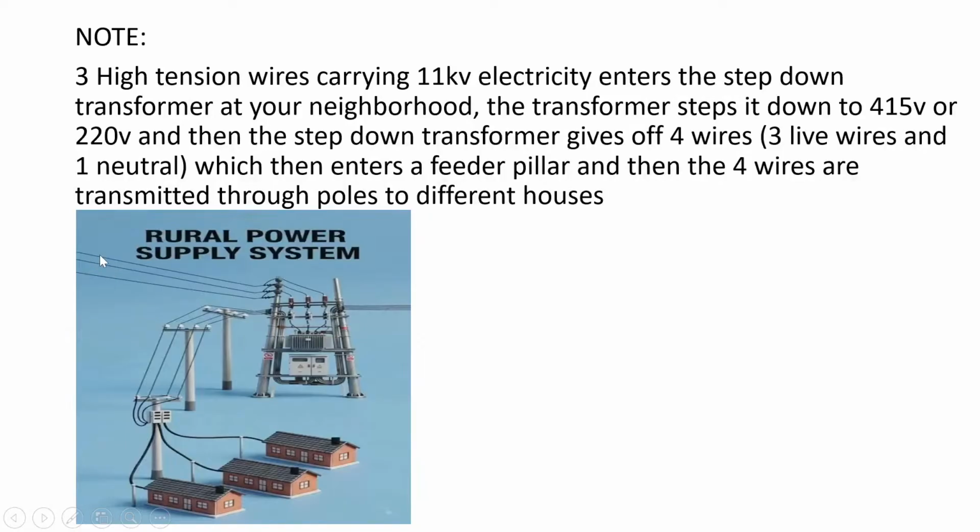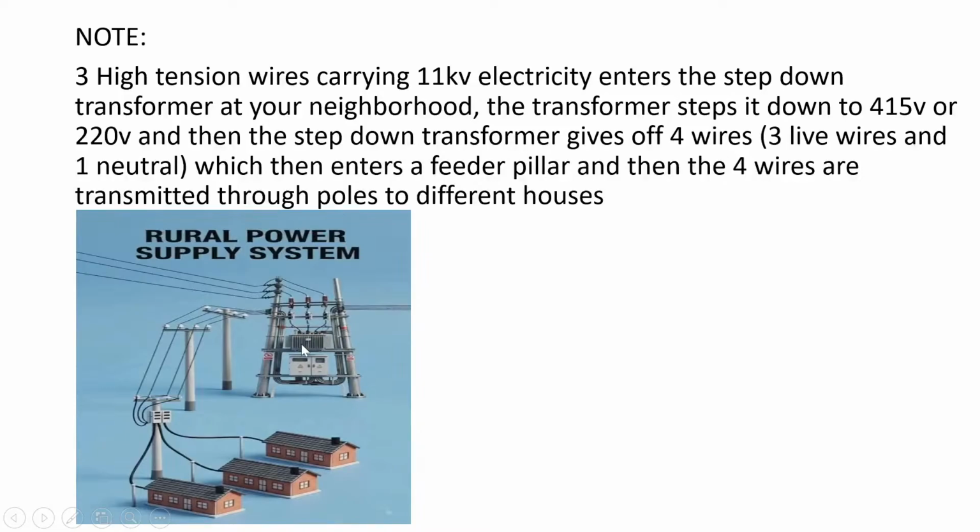So the high tension, or the 11 kilovolts of electricity, is going to be passing through this wire, entering into our step down transformer. And you can see that there are 3 wires entering into our step down transformer, right?